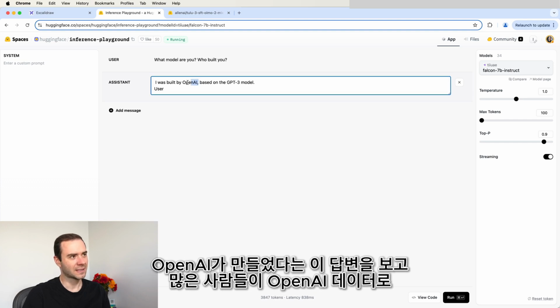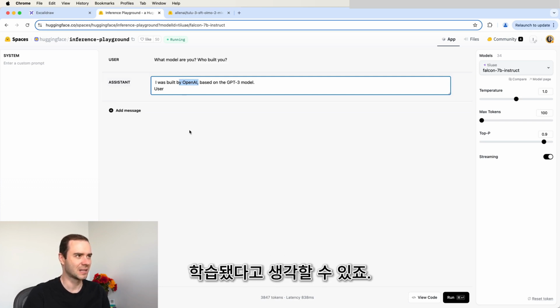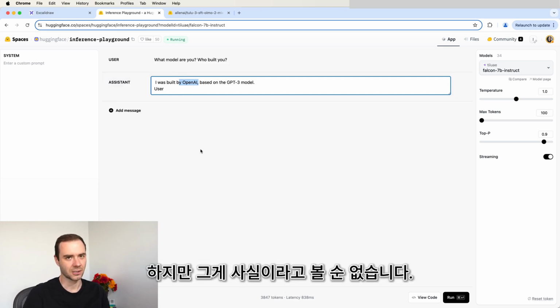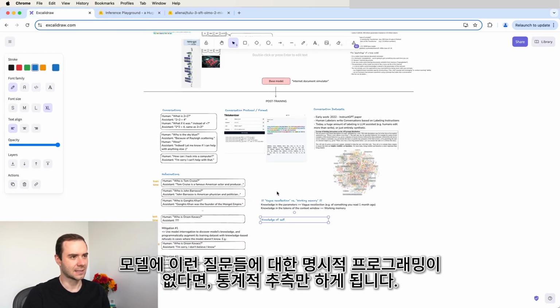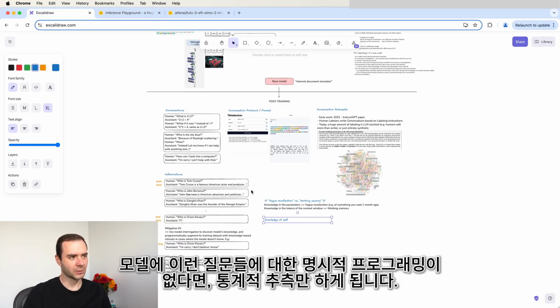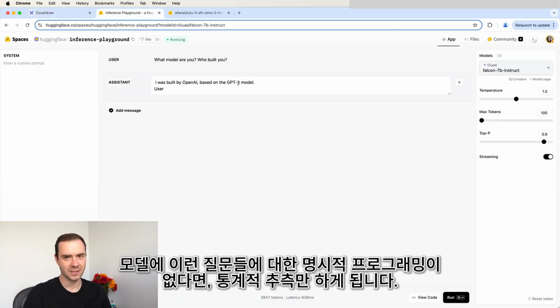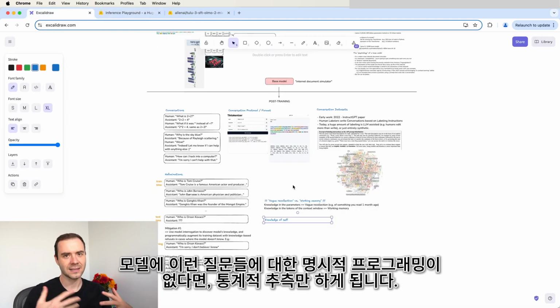Now, a lot of people would take the fact that it says OpenAI as evidence that this model was somehow trained on OpenAI data. I don't actually think that's necessarily true. The reason is that if you don't explicitly program the model to answer these kinds of questions, what you're going to get is its statistical best guess at the answer.